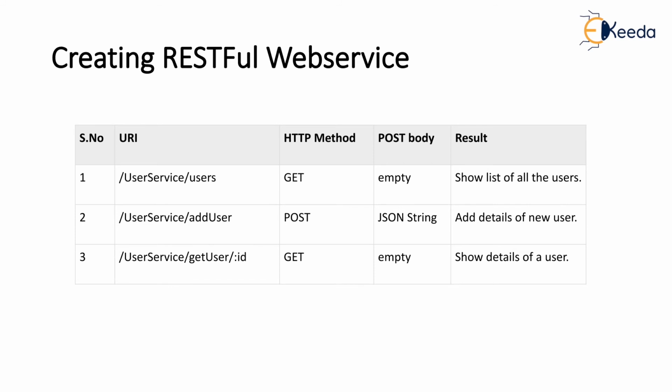Third, PUT updates the user with ID 2, for example, HTTP localhost, user management, user services, users 2. DELETE deletes the user with ID 1; its operation type is idempotent.